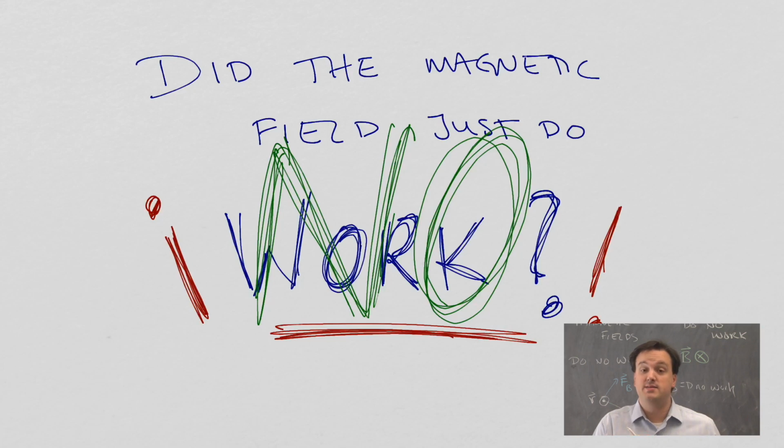I've made it so something that always is perpendicular to velocity has been able to manipulate charges to create an electric field, therefore giving us another piece of information that says the electric and the magnetic fields are somehow closely related to each other. But the magnetic field did no work. Even if magnetic forces in this approximation seem to be doing work, seem to be accelerating objects, they are not doing any work. Magnetic fields do no work. Magnetic fields don't do work.